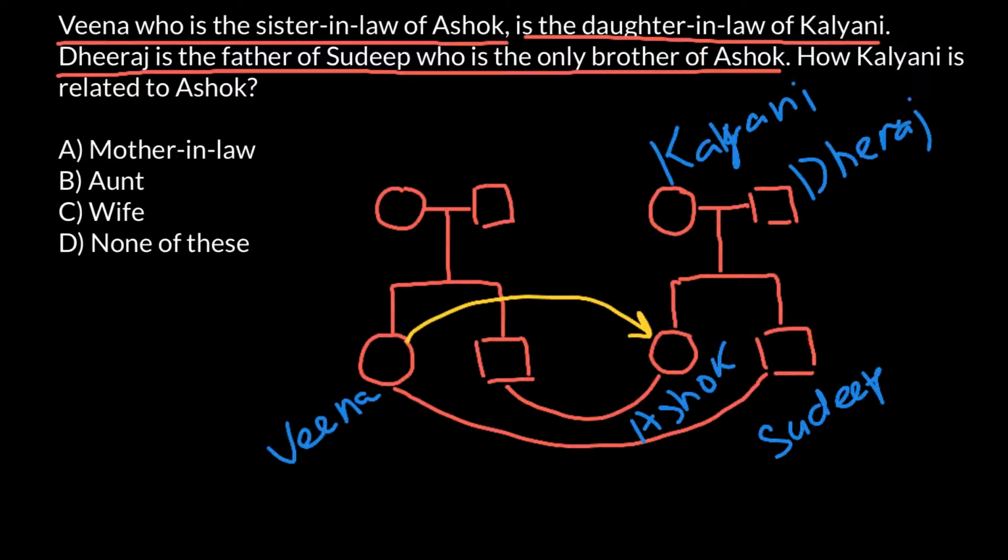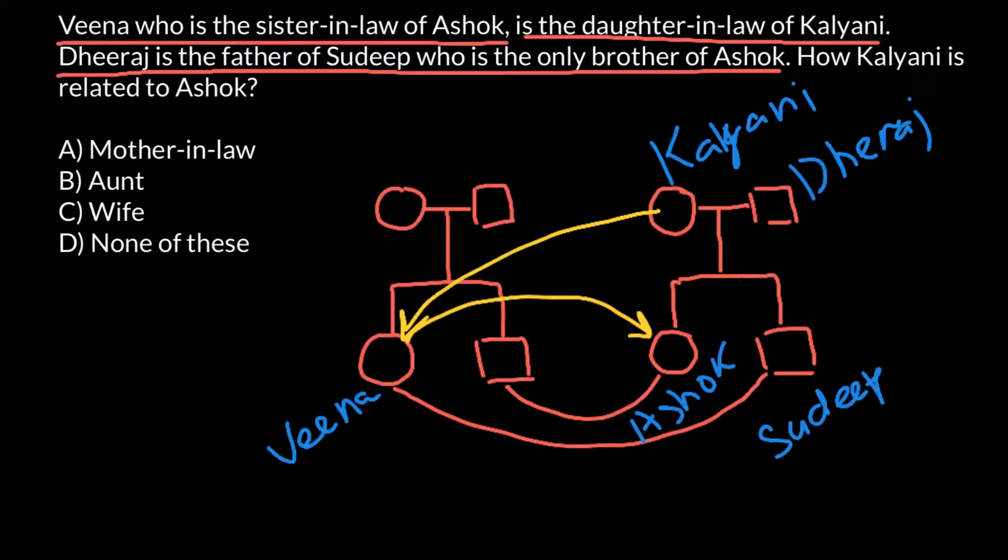She is a daughter-in-law of Kalani, so the husband's parents, according to this pedigree, would have Kalani and Dhiraj as parents of her husband, and for them, Veena would be daughter-in-law. So she's daughter-in-law of Kalani, and we know that Kalani is the mother of her husband.